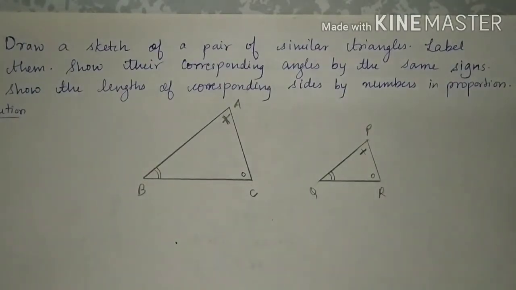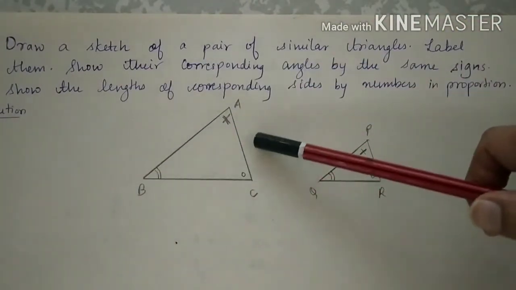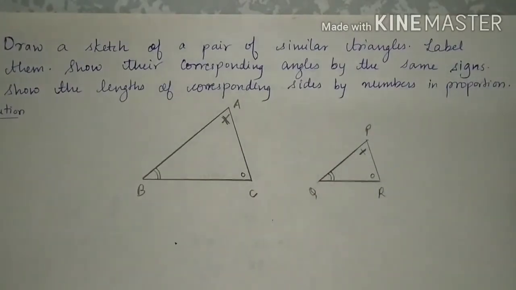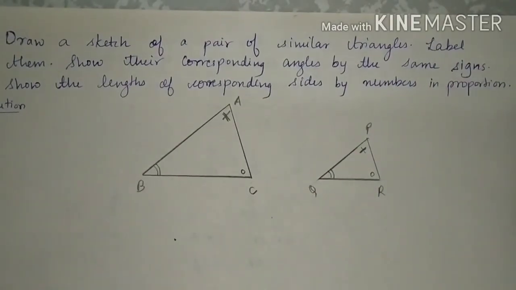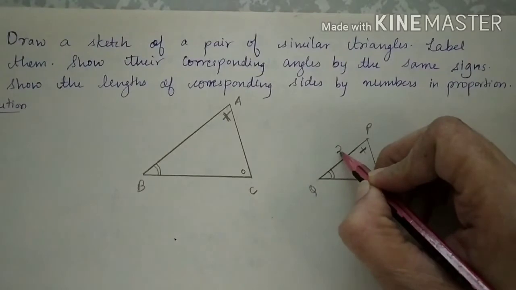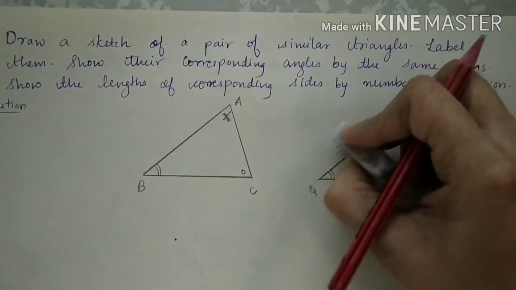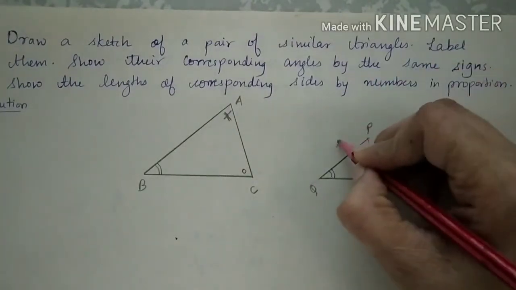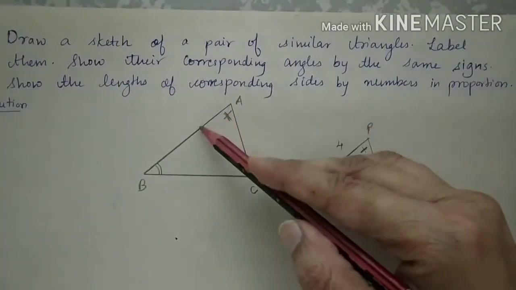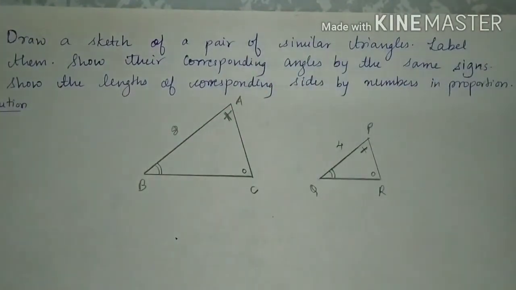Also, show the lengths of corresponding sides. Means we have to give the lengths of the corresponding sides also. Now we have to be very careful about this. How will you decide what lengths you are going to give? Suppose I take the smaller triangle's side as 4, for example. Then for this one I'll take 4 twos are 8, twice of this side.